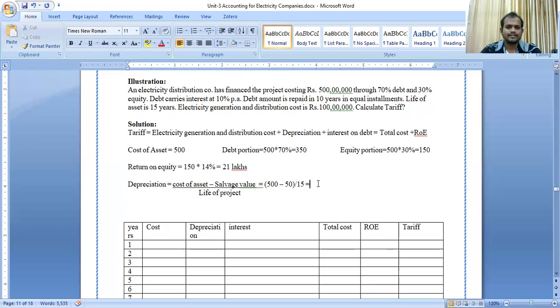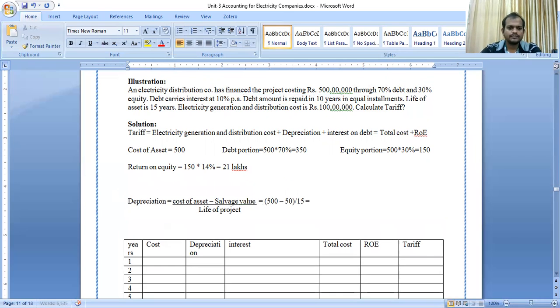No. This is what we have to learn. This is not the right way because we have the debt amount. We have to repay it within 10 years. Okay. So for that, what we have to do is we have to calculate the depreciable value of an asset.